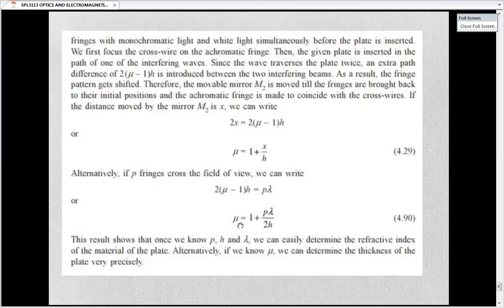So the Michelson interferometer can also be used to determine the refractive index of different types of material, on the fact that a different material introduced on the path of any interfering ray will cause fringes to shift. And that shifting can be put to good use, which is just to determine the numerical value of the refractive index of a particular material.